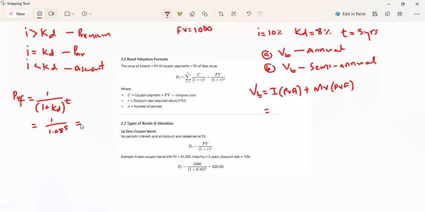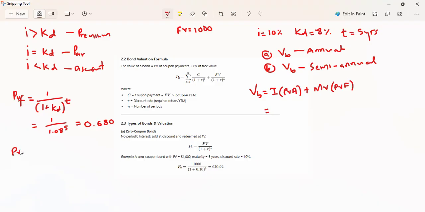I need you to be quick. What do we get as our interest factor? 0.68. 0.68 what? 0.6805.